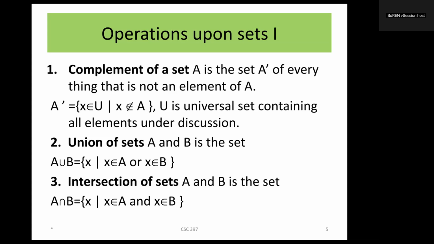Common. Only the things common in set A and at the same time set B, we choose them. They are the members of the intersection of sets.